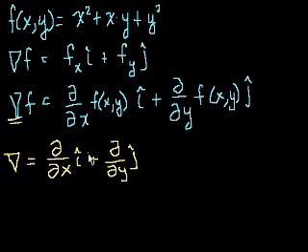And if you wanted to go into three space, that's not going to apply to our problem because we only care about two dimensions right now, even though we're applying it to a three-dimensional surface, you could add the partial with respect to z times the k vector, and then you could extend it to n dimensions, but it becomes hard to visualize beyond what we're doing right now.